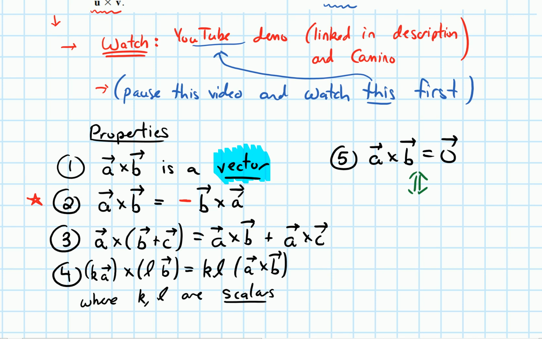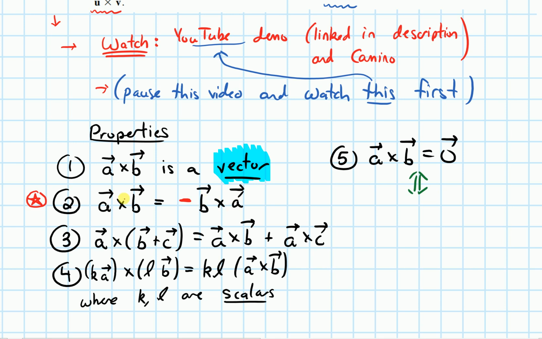The second property has one subtle but important thing, which is notice that there's a negative sign here. When you take the cross product of two vectors in this order, A first, cross B, that's the negative of the cross product of B crossed with A. In other words, the order in which you do the cross product matters.